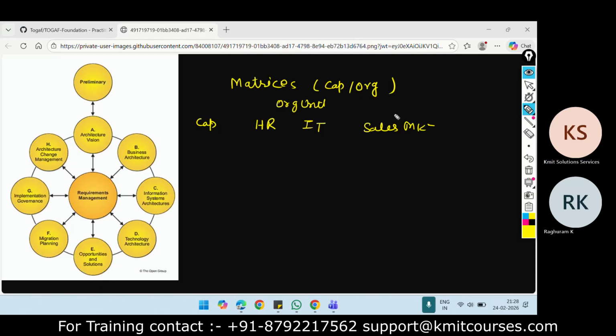So now here, for example, you have a business capability which is project management. Project management is not related to HR. It is related to IT.